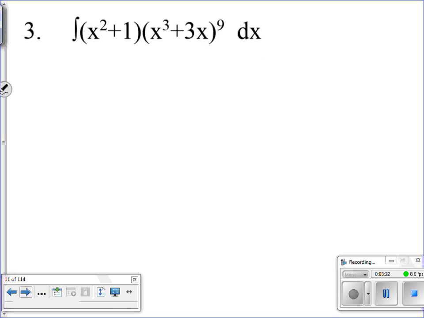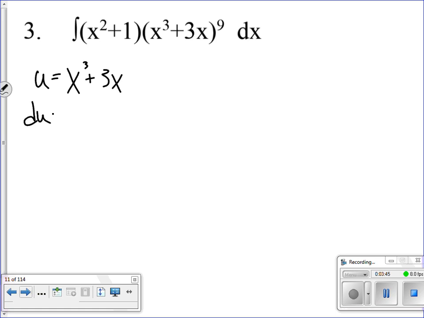All right, number 3. Now 3, unless we actually want to multiply x cubed plus 3x by itself 9 times, we need to use u sub, because whenever you go to integrate a product, you're never just going to integrate each one separately. You're going to need u sub, products and quotients. So we're going to allow u to equal our inside function.